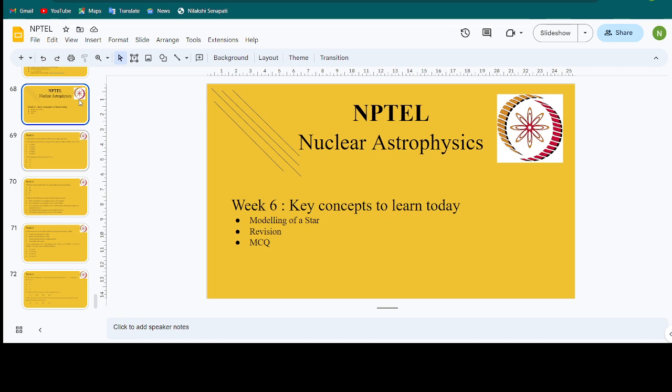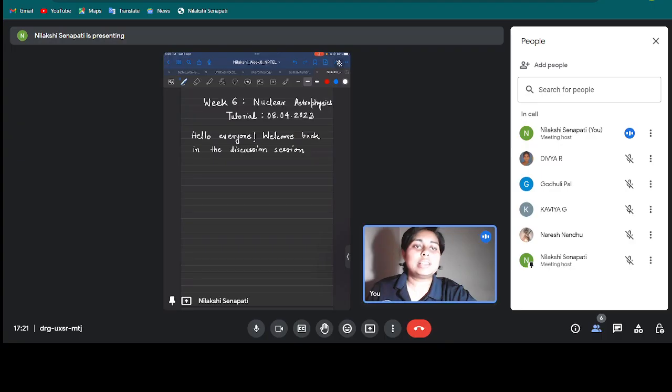But revision is necessary, because the end term examination is already coming very soon, and I hope many of you are going to write that examination. It is also very important, when you are taking a course, that you don't forget what you have already learned. And I found that astronomical distance and luminosity type questions were not there in the assignments very properly.